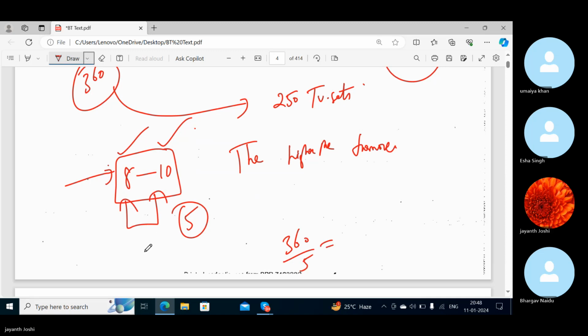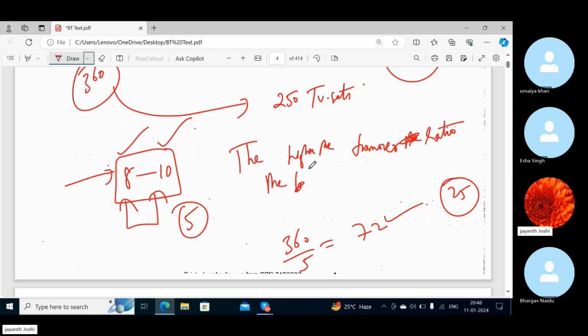How many days? 72. 72 days it is taking for you to convert your 25 TV sets into cash. Do you think this is a pace at which a business should sell its inventory? No, it's a very slow-paced business. So the higher the turnover ratio, the better it is.